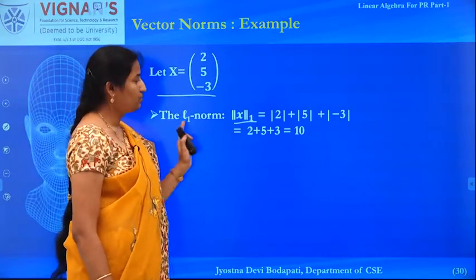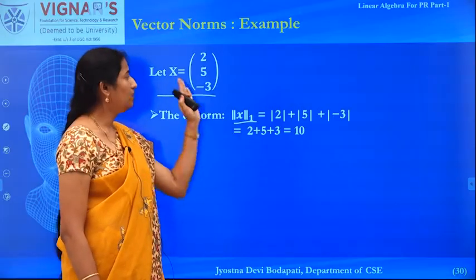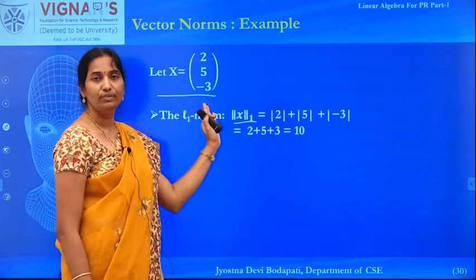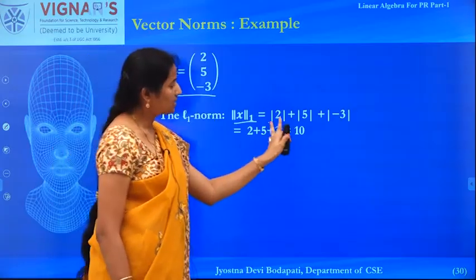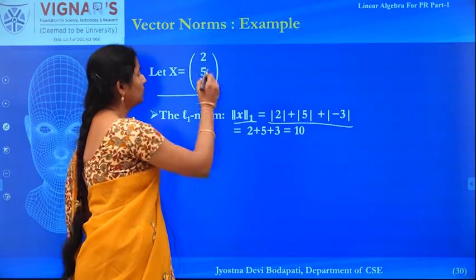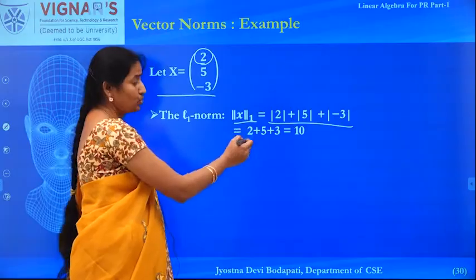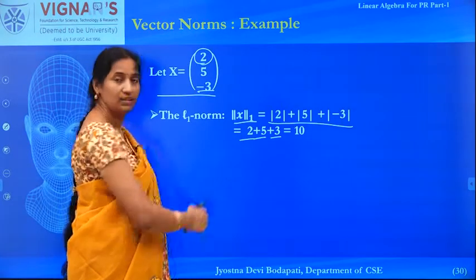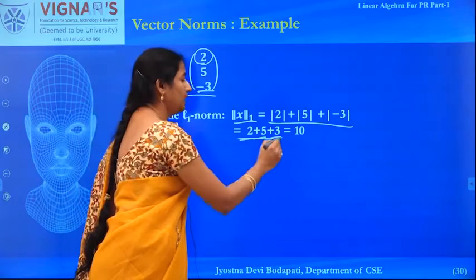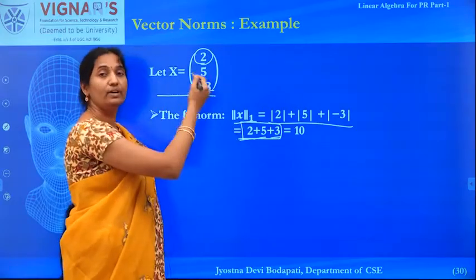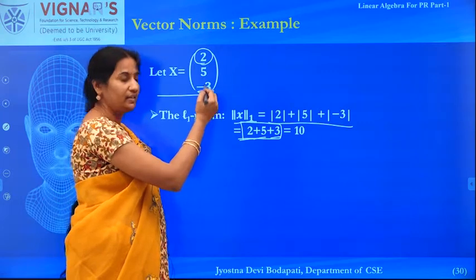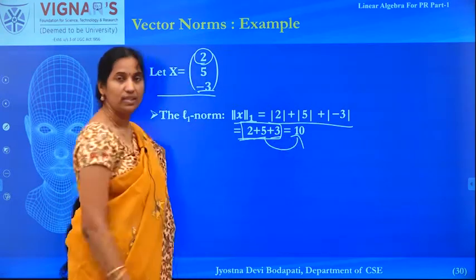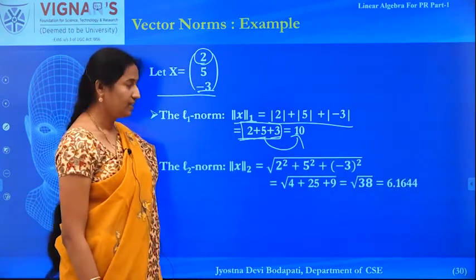In case of the L1 norm, you take the absolute values of every element of your given vector and then just sum them up. The absolute value of 2 is 2, then the absolute value of 5 is 5, the absolute value of minus 3 is 3. Once you take the absolute values of all the individual elements of the original vector, you sum them up, and that gives 10. That is how you can find the L1 norm.